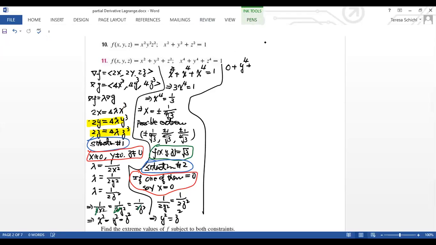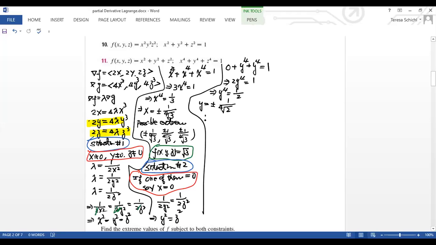Because z squared equals y squared, so this is another y to the fourth. It is equal to 1, so I have 2y to the fourth equal to 1. So y to the fourth is equal to 1 over 2. So y is going to be plus minus 1 over 2 to the how many roots? It's the 4th root, right?